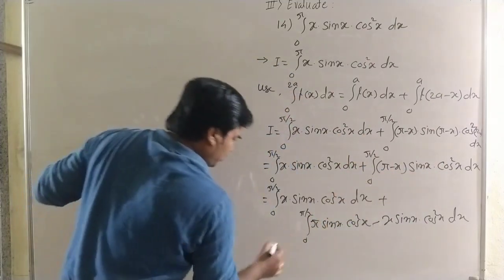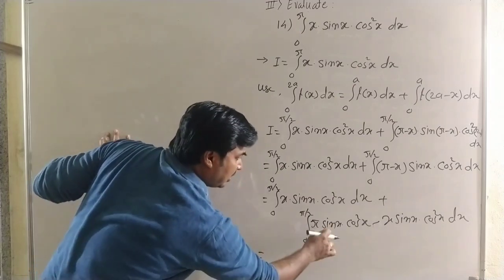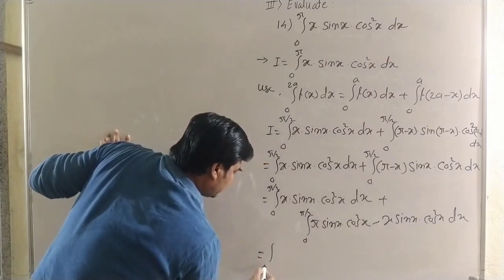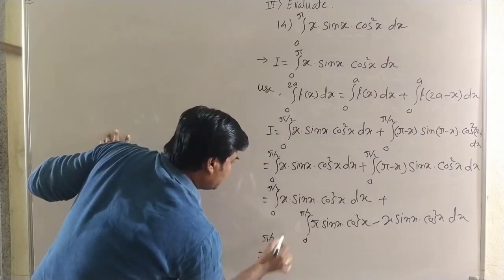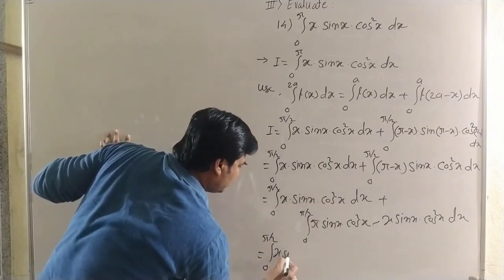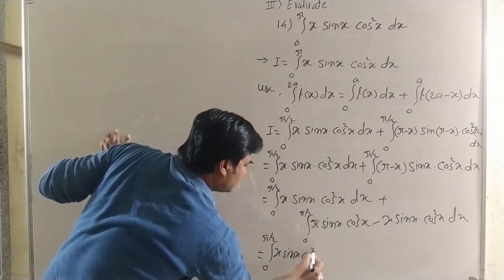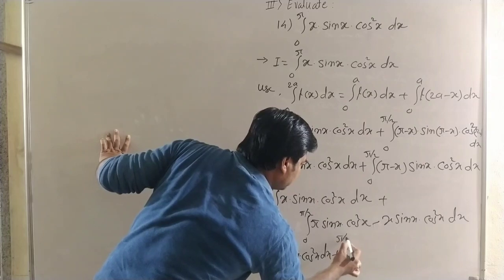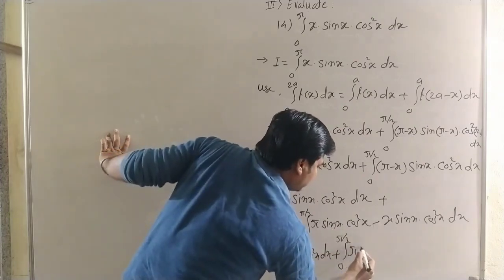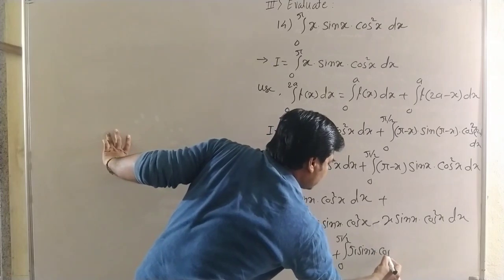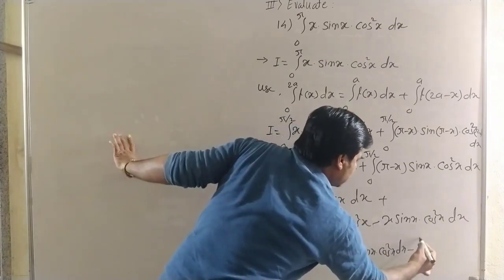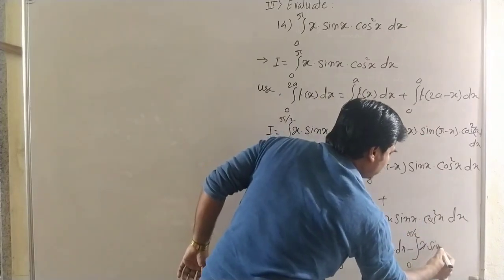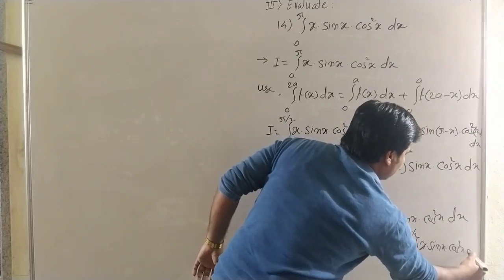Now we get three separate integrals: first, second and third. Integral 0 to pi by 2 x into sin x into cos square x dx, plus integral 0 to pi by 2 pi into sin x into cos square x dx, and minus integral 0 to pi by 2 x into sin x into cos square x dx.